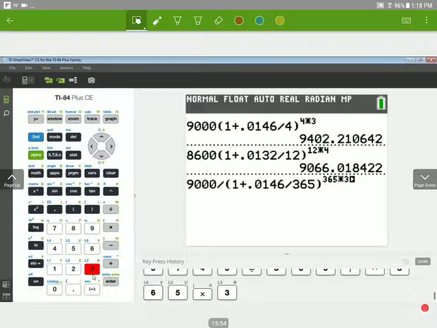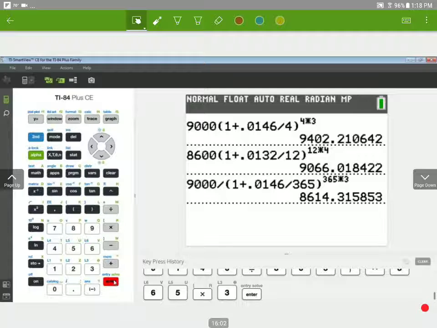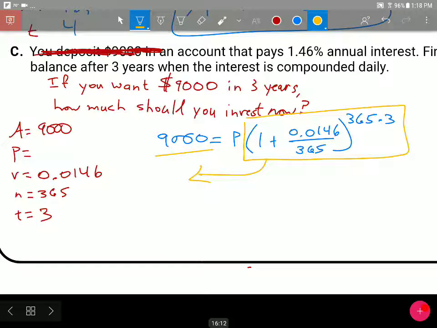All right, so you got it like that with a divide instead of a multiply because you're solving for P. So you need to invest $8,614 and how many cents? 32. So P equals 8,614 and 32 cents.